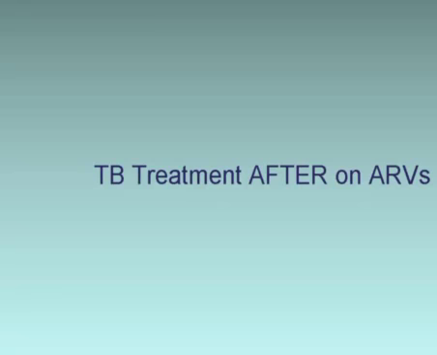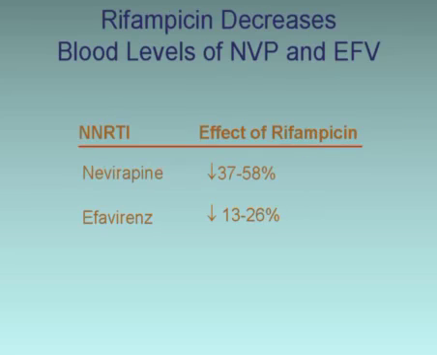What if they're already on ARVs and develop TB? Although their risk is lower of developing TB on ARVs, it still happens. So the important thing, as we talked about in the resistance lecture today, is the drug-drug interactions. The biggest one, as Lynn told us this morning, is rifampin or rifampicin.